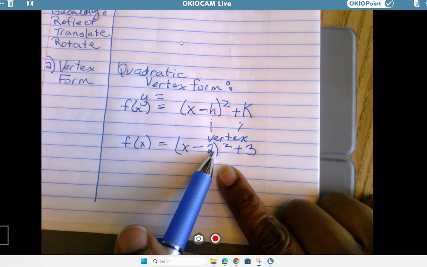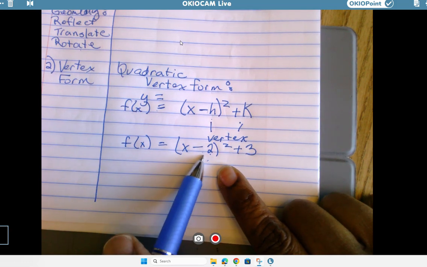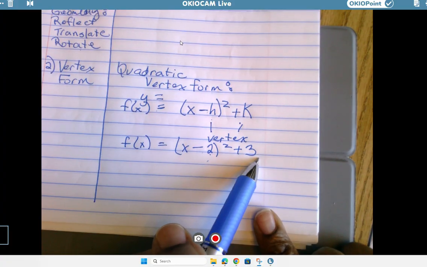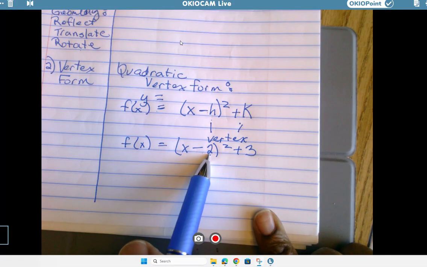So the vertex is not at negative 2. The vertex is at positive 2, 3. H and K represents the vertex.